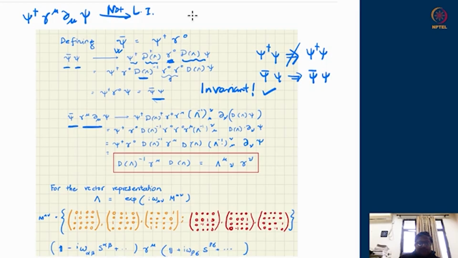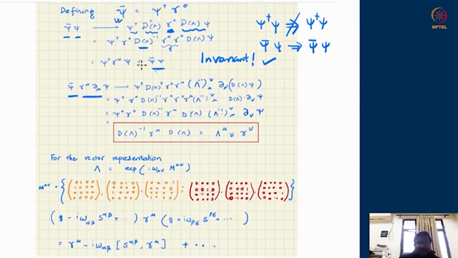But if I correct it to ψ bar γ^μ ∂_μ of ψ, then you will see that, due to the fact that, which will be clear in a minute, if I do the transformation, this ψ bar will pick up a D dagger inverse. This ∂_μ will transform under Lorentz transformation as a covector, so it will have this transformation law, and this ψ will transform as a matrix transformation is like this.